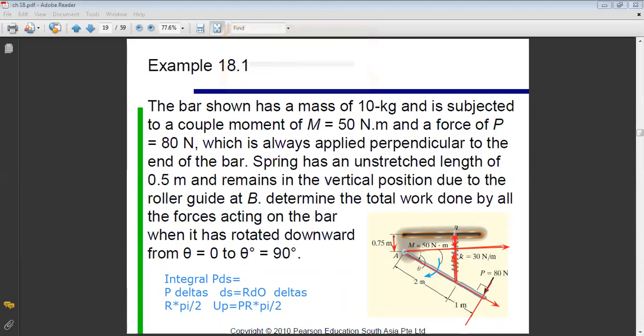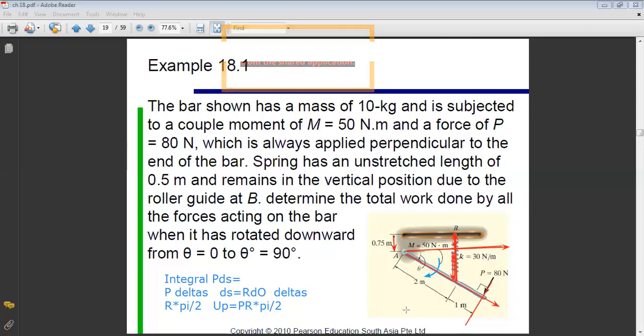What is the length here now? The new length of my spring is 0.75 plus this part from here to here, which is what? 2 sine theta, not cosine, 2 sine theta. So in a general location, I have 2 sine theta.